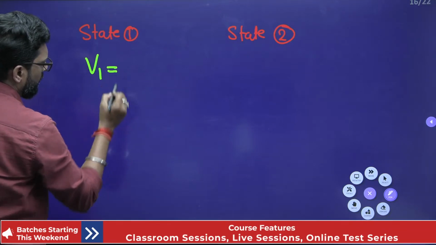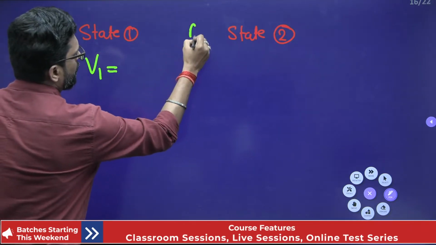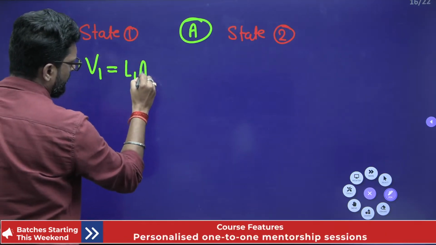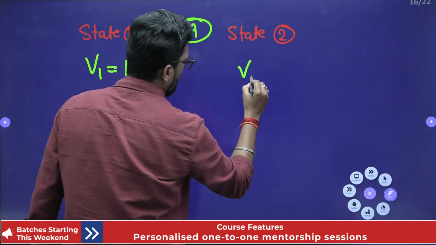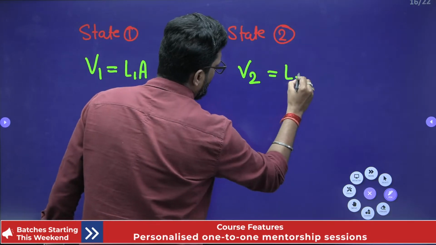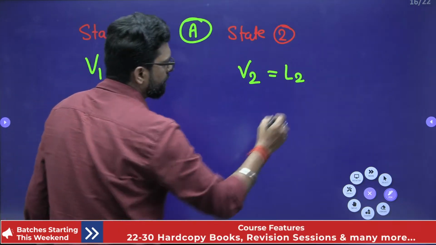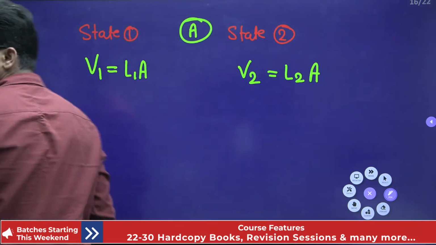V1. The cross-section area is the same. So V1 is equal to L1 into A. What is V2 at the final state, state 2? L2 into A. So there is a volume.